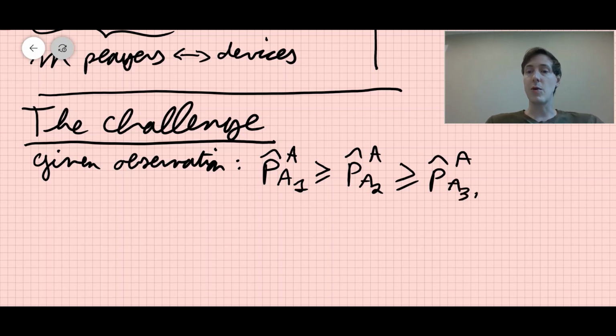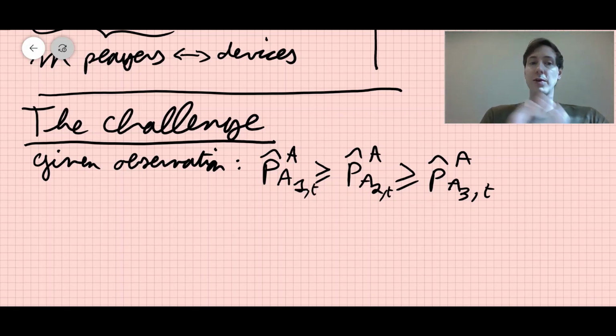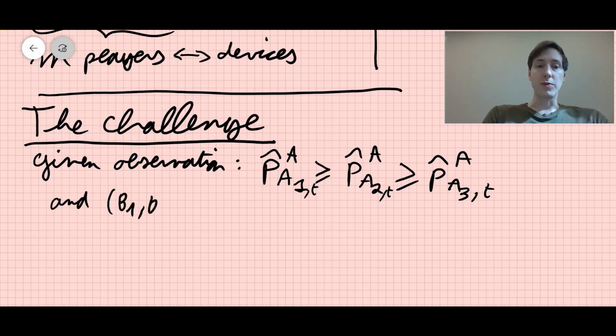And these are all at some time t, little t. So A1, A2, A3 is just an ordering of the 3 actions given the empirical observations. From Alice's perspective, given the information that she has seen, she believes that action A1 is the best, action A2 is the second best, and so on and so forth. And for Bob, we're going to denote it by B1, B2, B3.